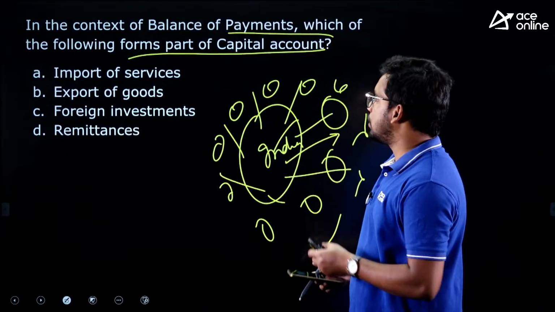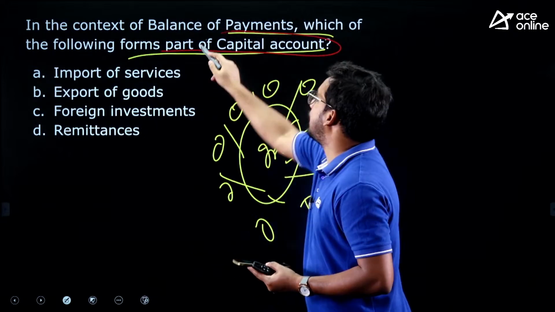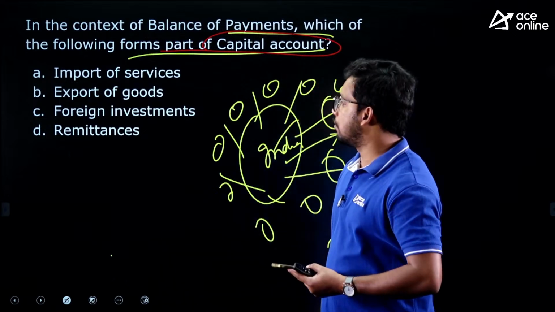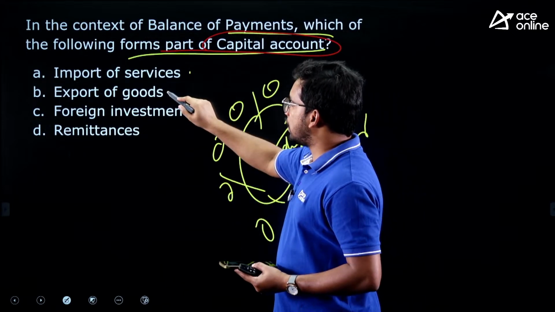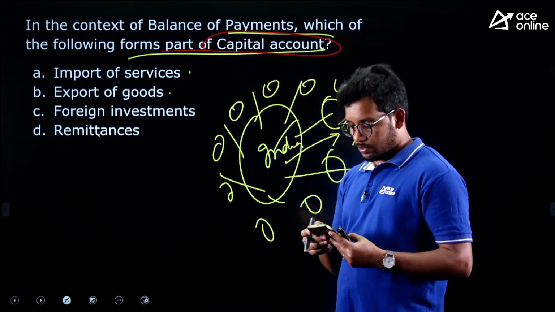Now the question is, in the context of balance of payments, which forms part of the capital account? Capital account means a longer period, more than 1 year. Options: imports of services, exports of goods, foreign investments, remittances. So now answer this question.